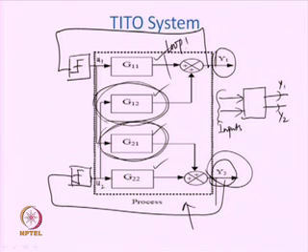So, the loop interactions play a major role, and one must make enough effort either to get rid of the loop interactions or to devise suitable techniques such that the loop interactions can be minimized while conducting a closed loop relay test.